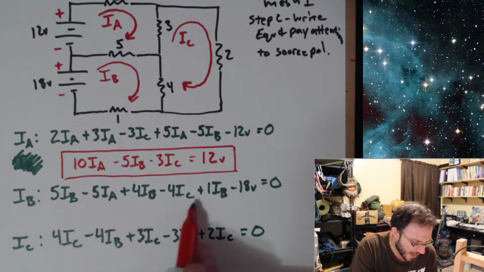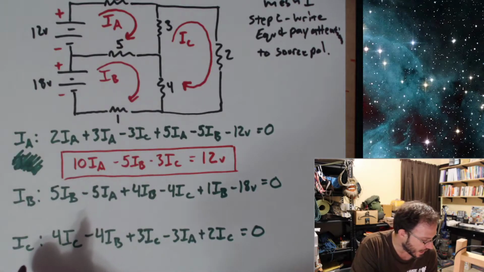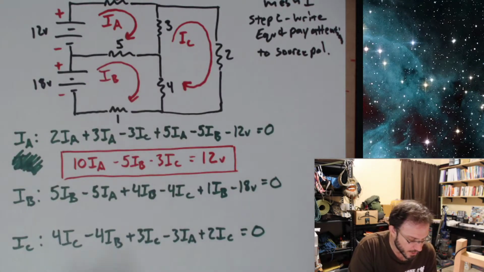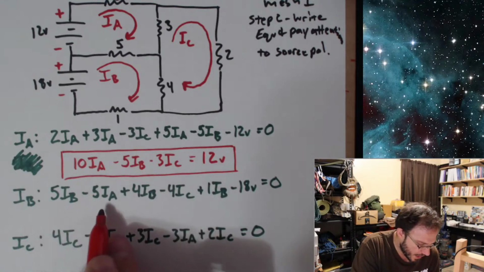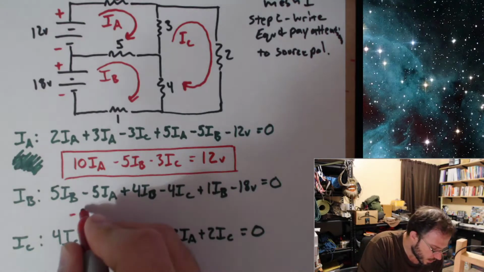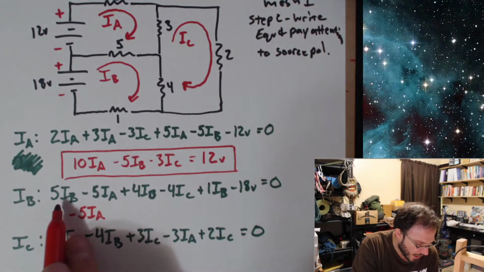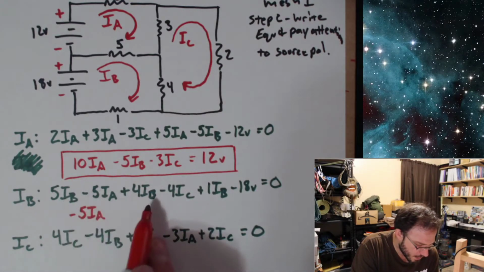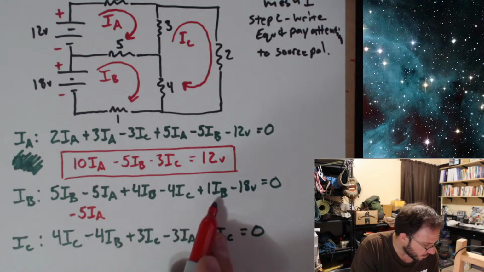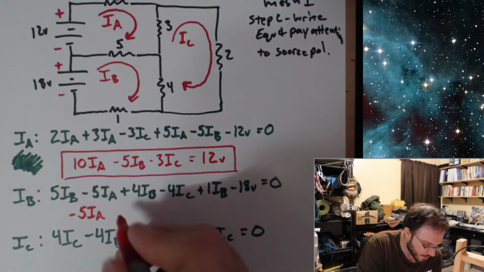Okay, let's do the same for the next one. I'll gather up my IAs. I'll line them up so all my IAs are lined up with each other, all my IBs, all my ICs, etc. So let's go ahead. I have a minus 5 IA, and that's the only one. My IBs, I have 5 IB and 4 IB and 1 IB. Looks like I have 10 IB.